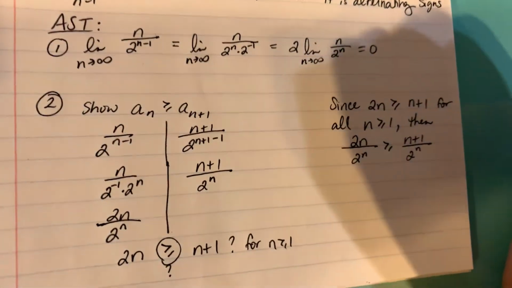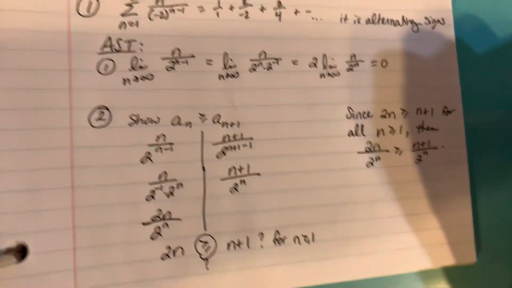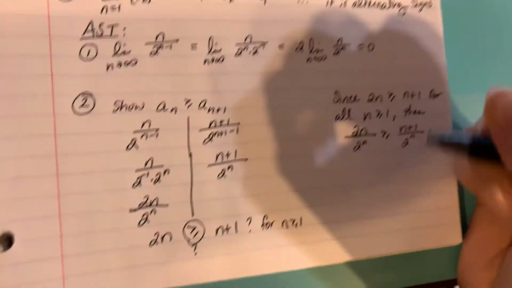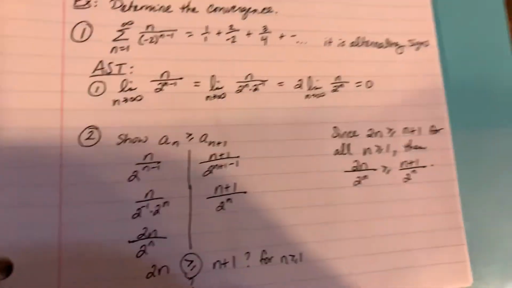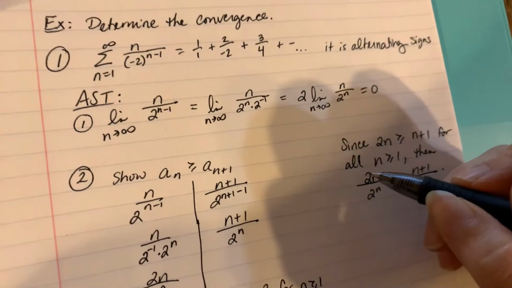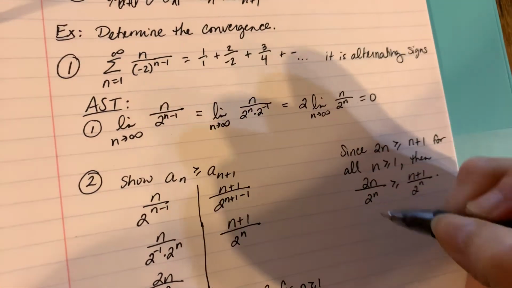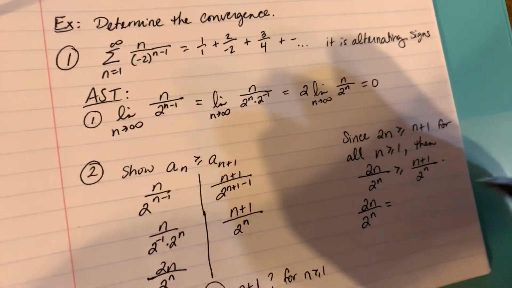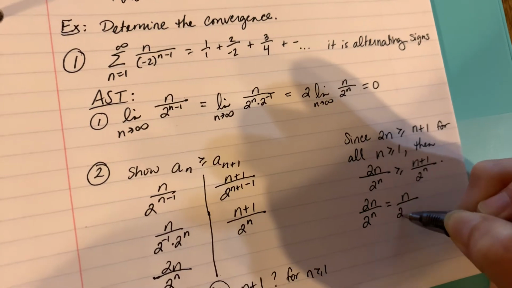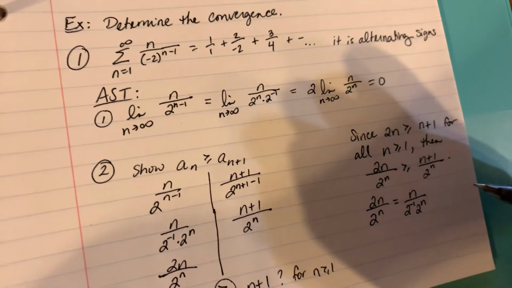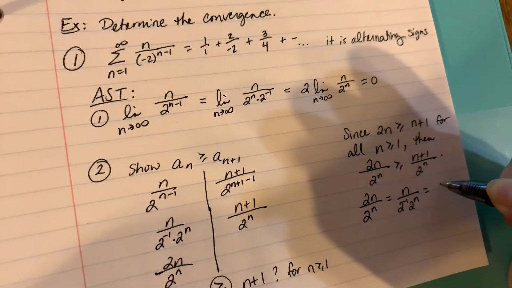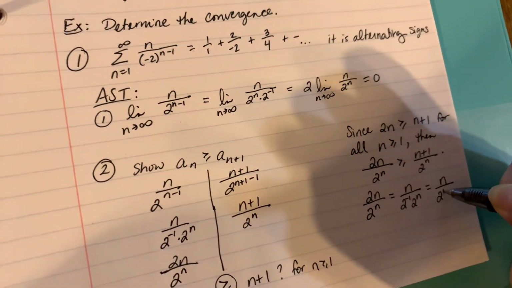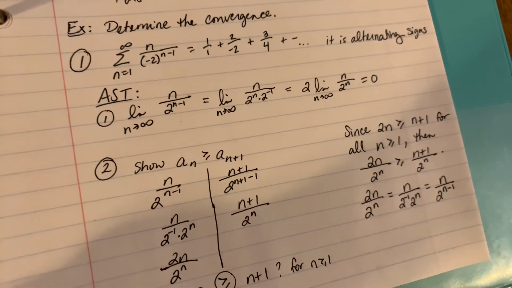Oops, sorry, I'm off screen, didn't realize that. My bad. Then 2n over 2 to the n equals n over 2 to the negative 1 times 2 to the n, which equals n over 2 to the n minus 1.